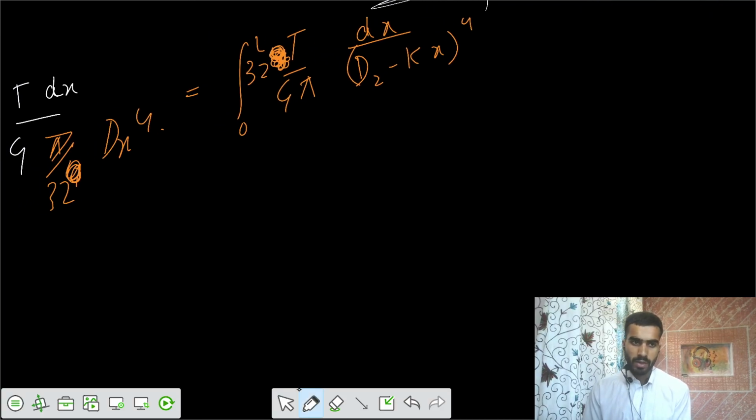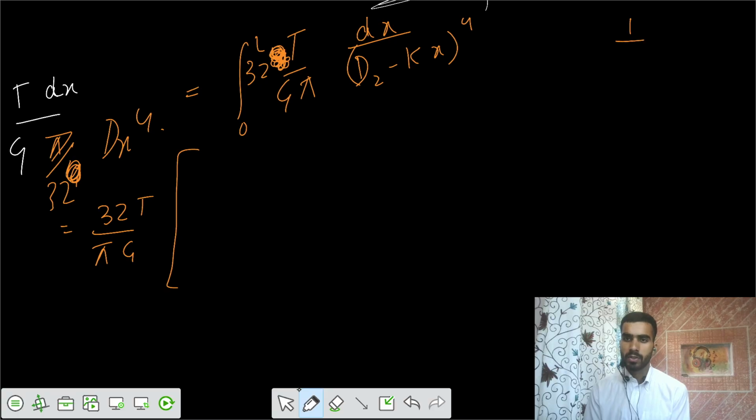So I will write 32 T upon pi G, and the integral will be, if you have some function (a minus bx) power minus 4 dx, the integral equals (ax) power minus 4 plus 1 divided by minus 4 plus 1, times the internal differentiation d by dx of that argument.